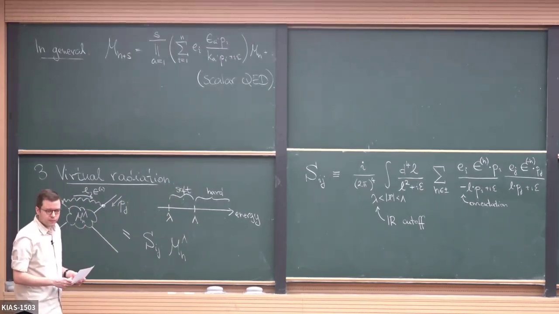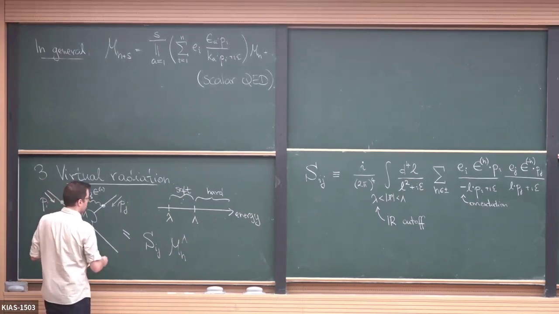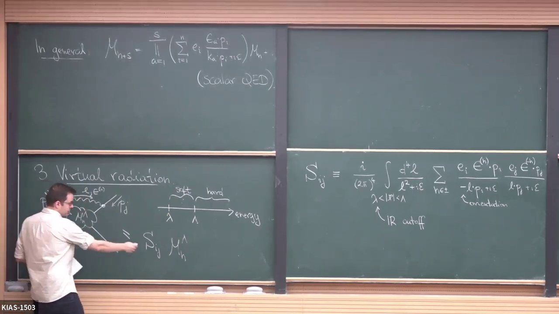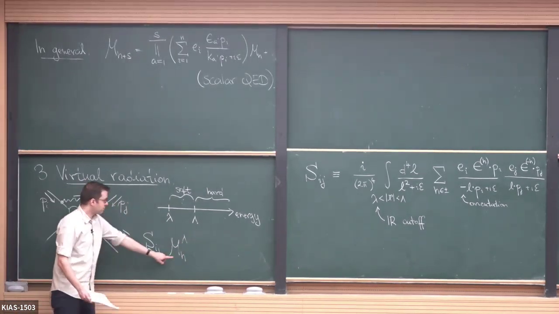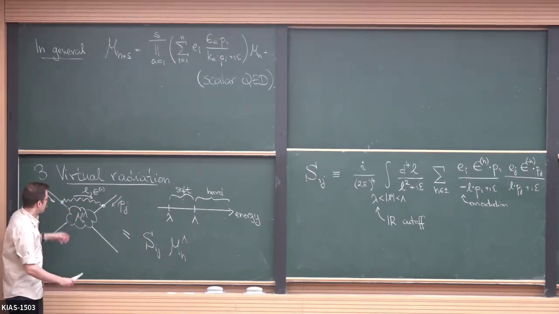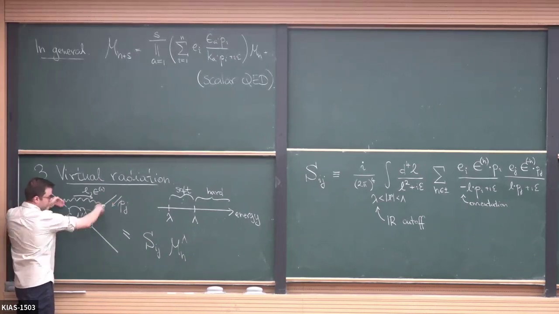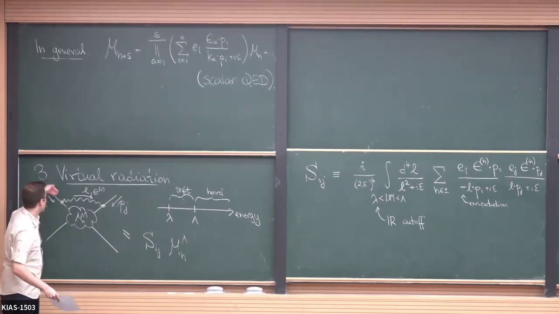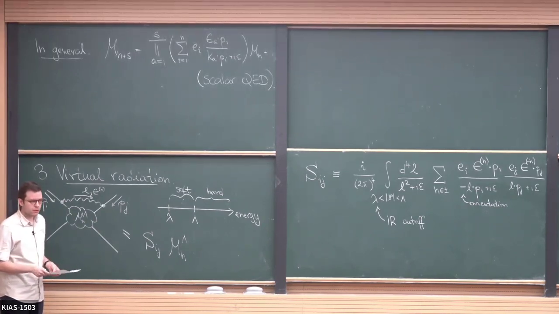In this leading contribution, I'm going to pretend that this object depends on L implicitly. Yeah, that's right. But ultimately, the most important part is going to come from L equals 0, the soft limit. And in that limit, we can pretend that this is on shell. That means that the incoming particles just inherit kinematics from the incoming particles of the external states. Any other questions? Does that answer the question?